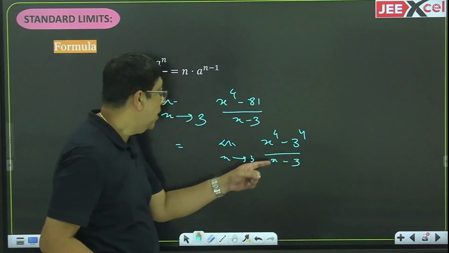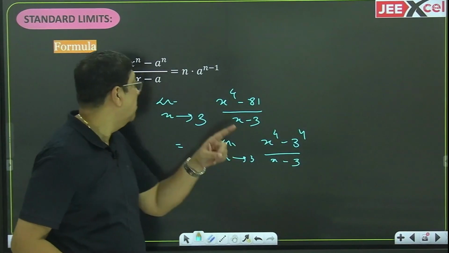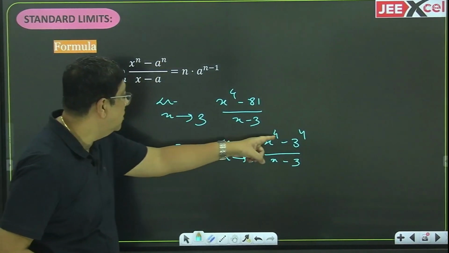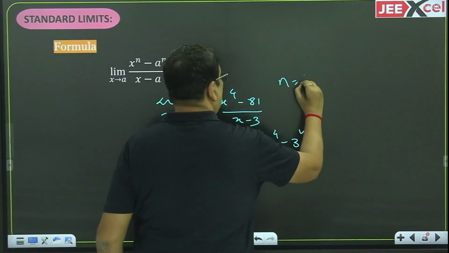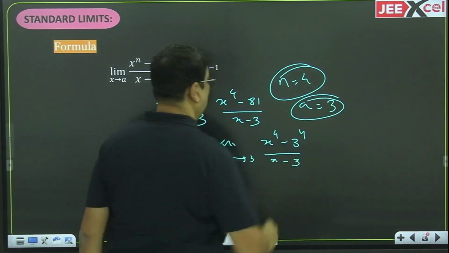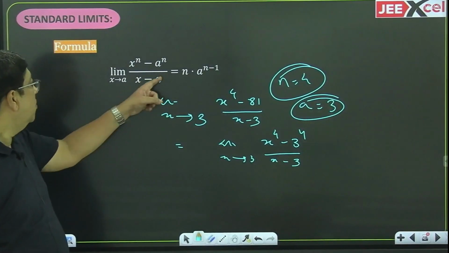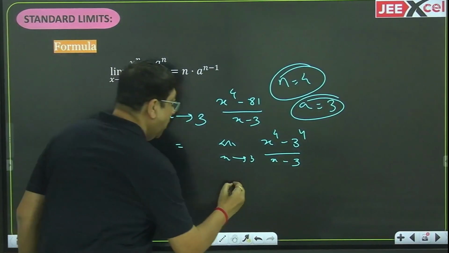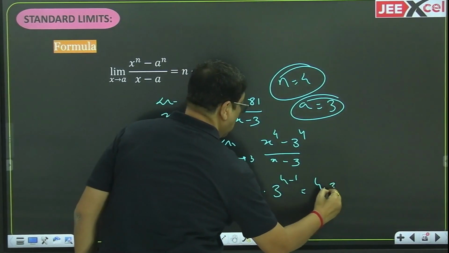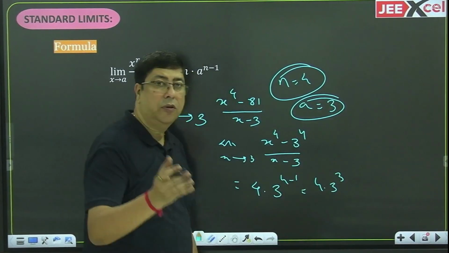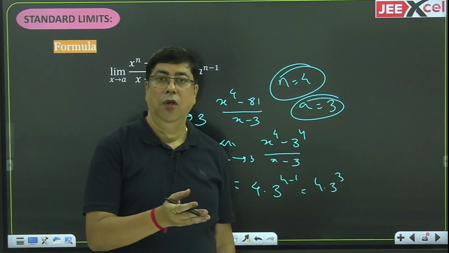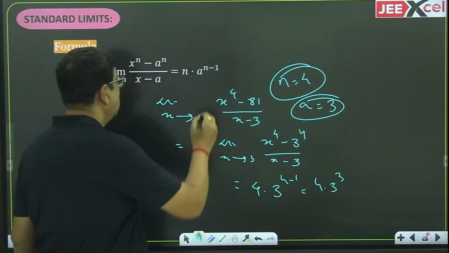So what will it be? n a to the power n minus 1. Here n is 4 and a is 3. Compare: n equals 4 and a equals 3. So n a to the power n minus 1 is 4 into 3 cube. 3 cube is 27, 27 times 4 is 108. The answer is coming to be 108.